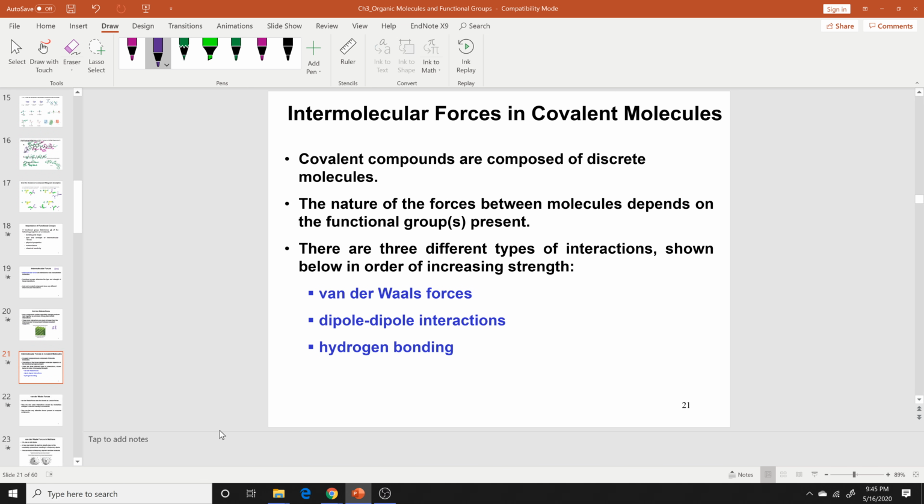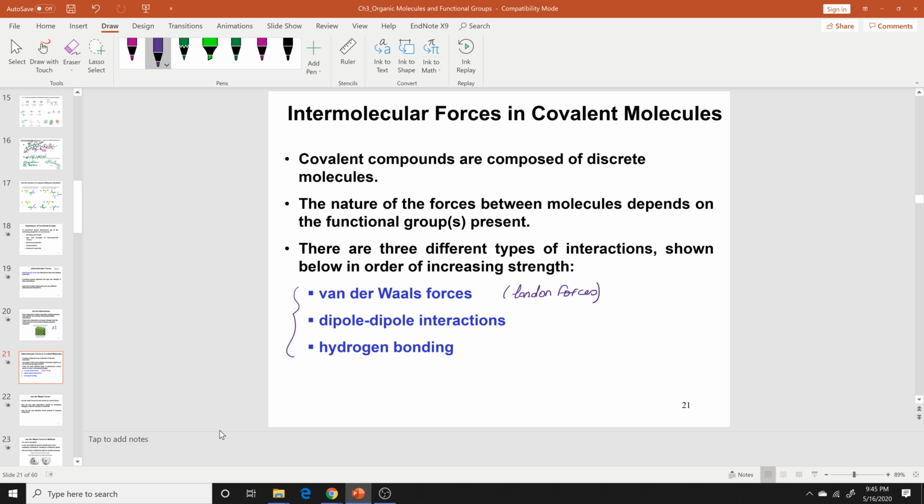Now, with respect to the covalent bonds, there are 3 types of intermolecular forces. The weakest is the van der Waals. We call it London forces. These are the weakest types of intermolecular forces. And then you have the dipole-dipole interaction.